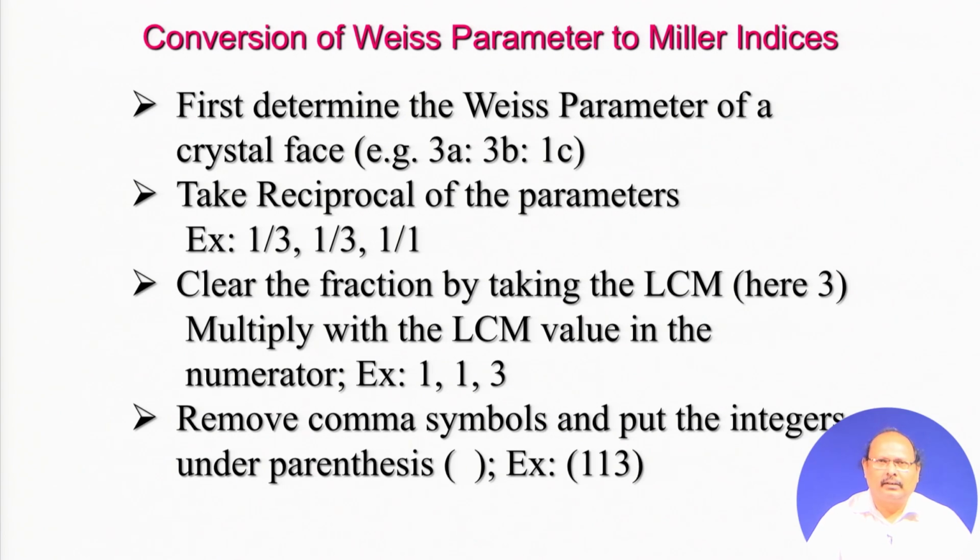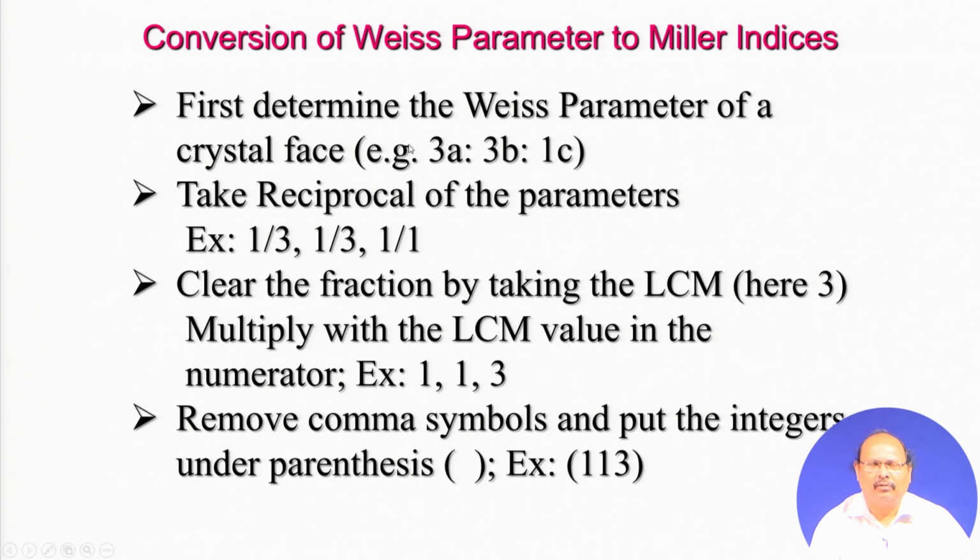Now, after that this Weiss parameter symbol has been revised and a much simpler nomenclature has been devised, and it is called the Miller indices symbol. So, what you have to do? You have a crystal phase whose Weiss parameter symbol is known.